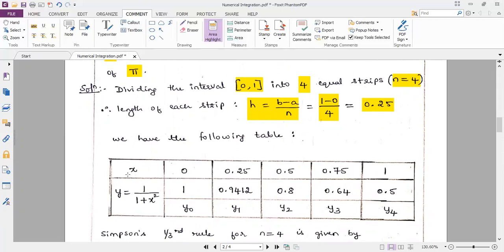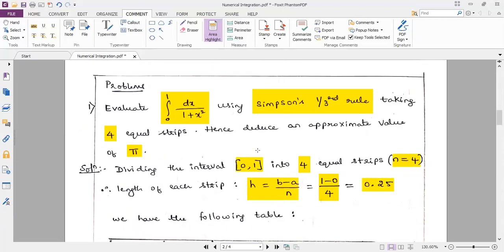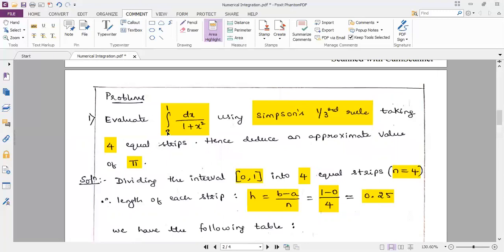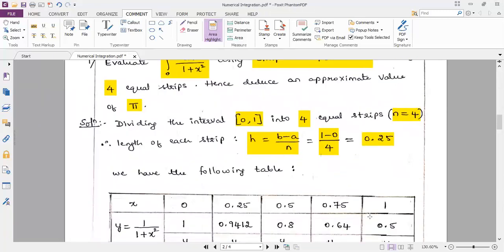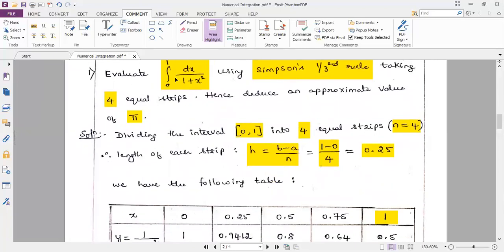So we write down the values of x. The values of x are obtained as follows. Starting from the lower limit, that is 0, in steps of 0.25 until we obtain the upper limit, that is 1, we need to write down the x values.